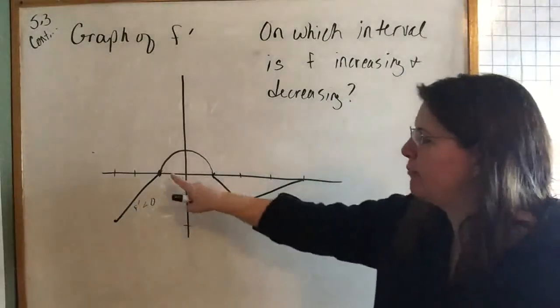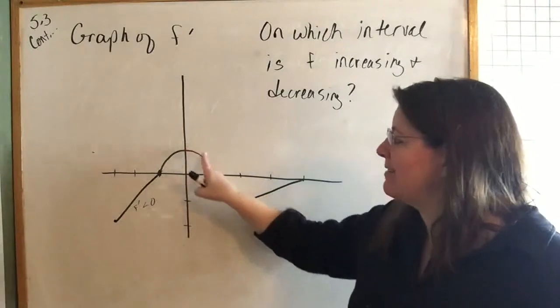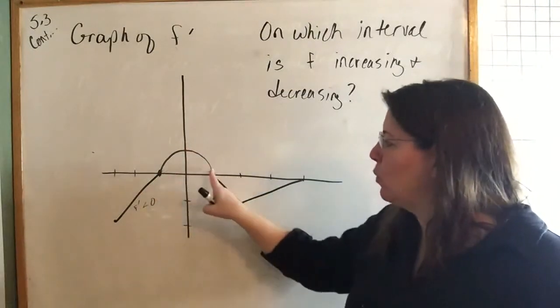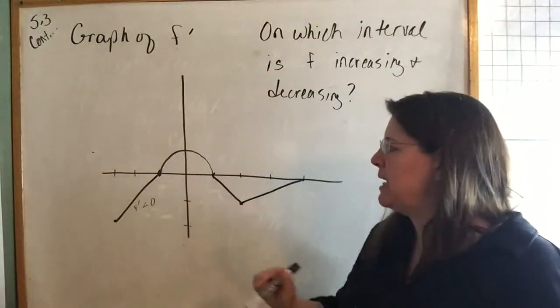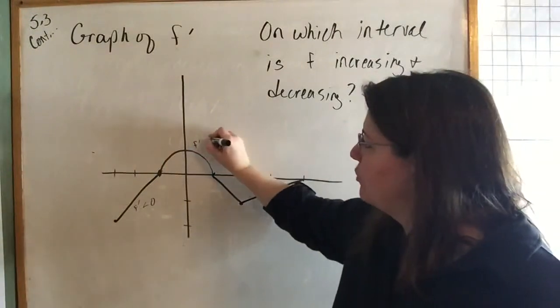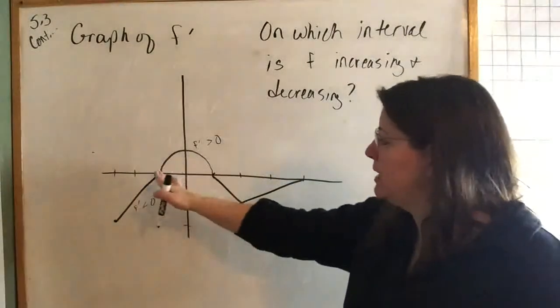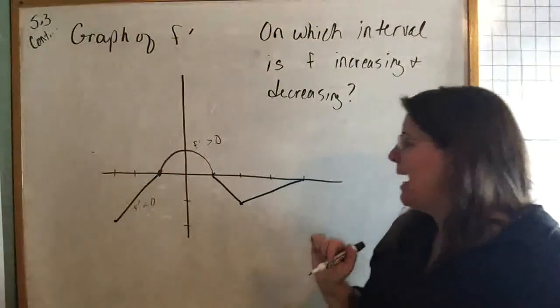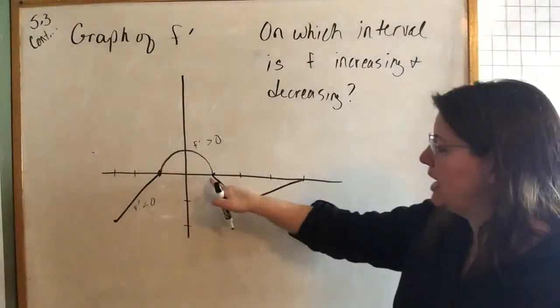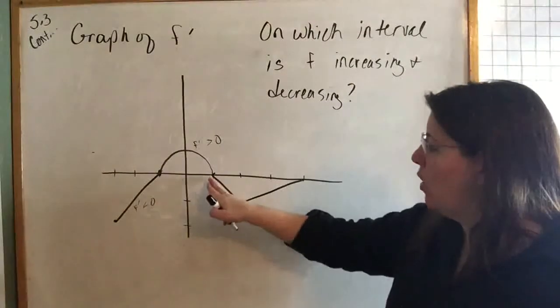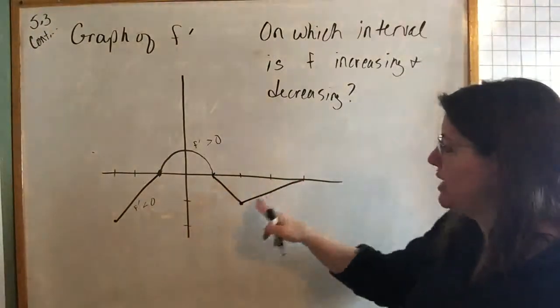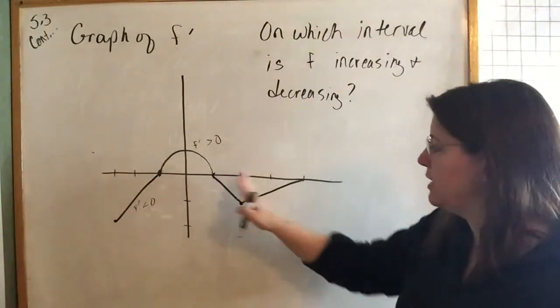If the graph of f prime is above the x-axis, between -1 and 1, that tells me that f prime is greater than 0, or above the x-axis from -1 to 1. And then again, it crosses the x-axis at 1, and all of this function is below the x-axis from 1 to 4.